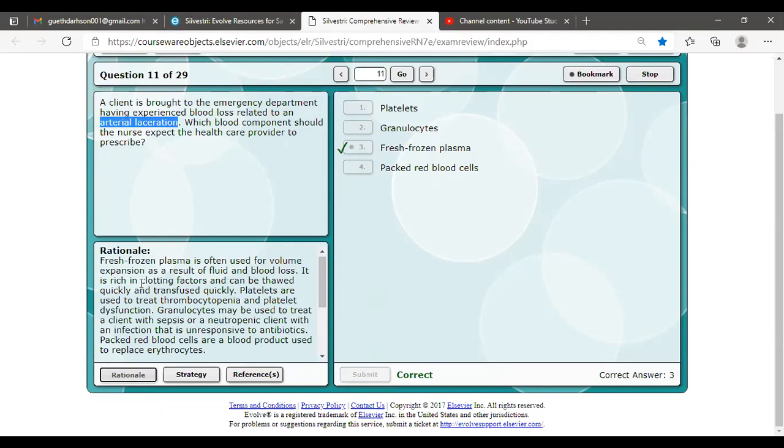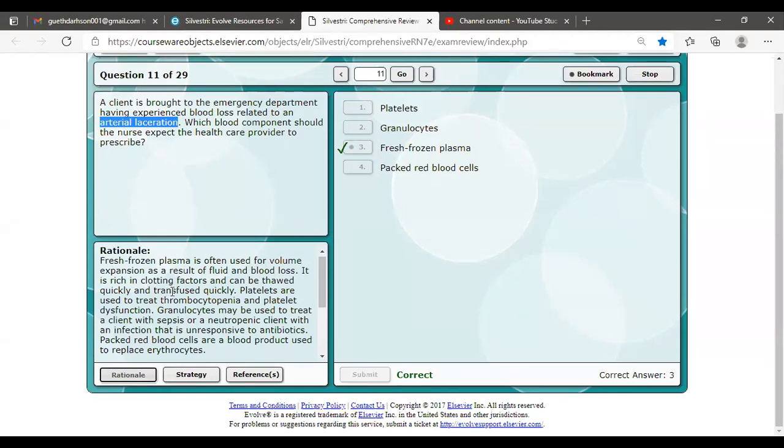It is rich in clotting factors. So plasma also contains many factors. These factors help to clot the blood as well, right?